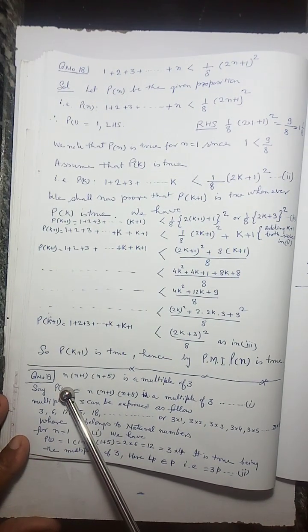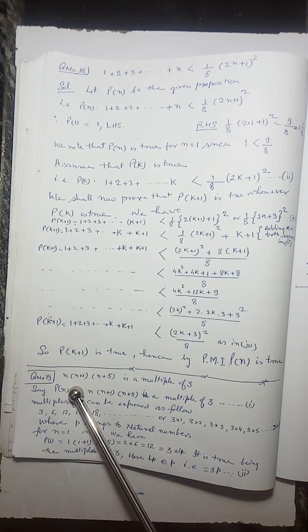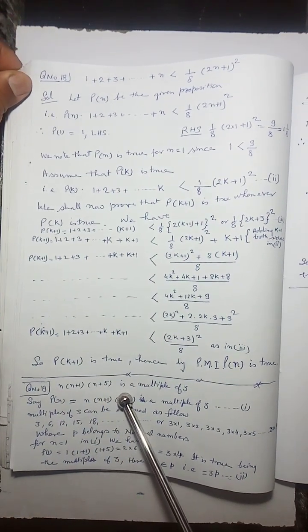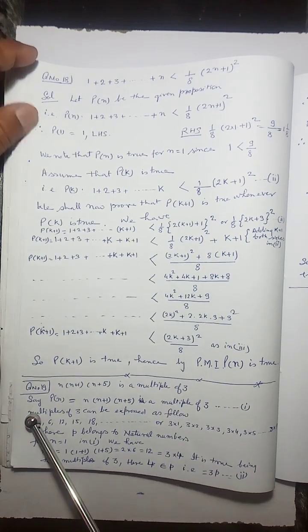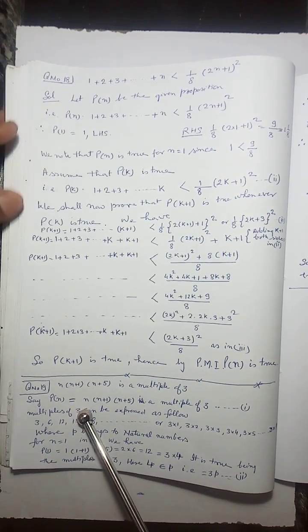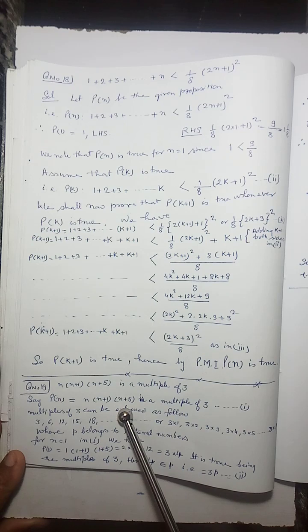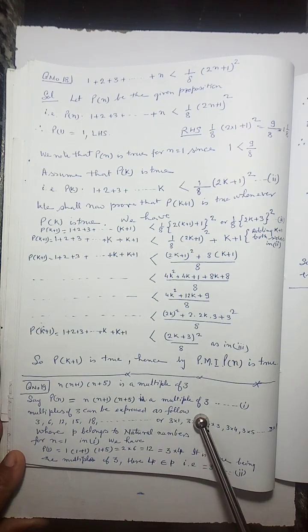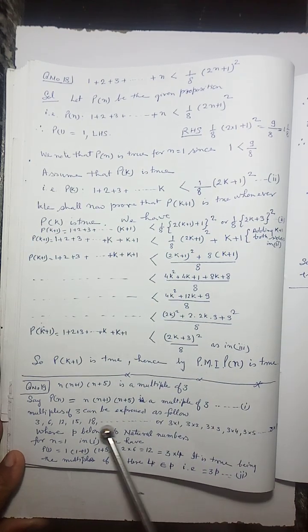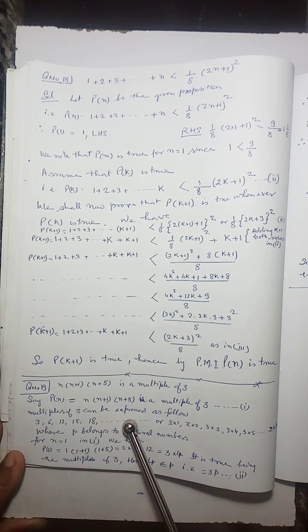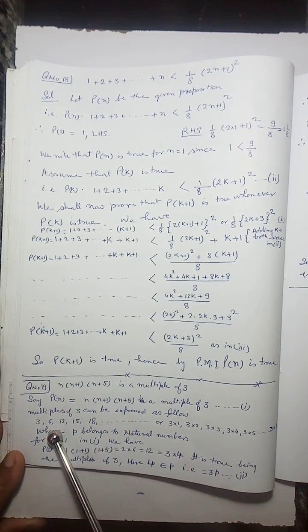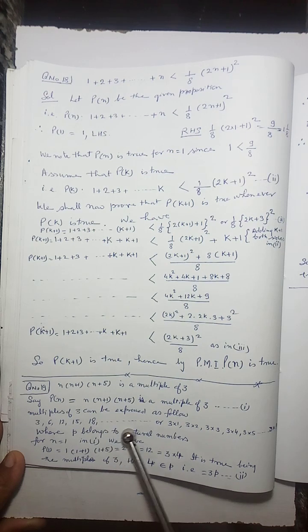Now come to question number 19. Here the statement is n(n+1)(n+5) is a multiple of 3. Say P(n), that is n into (n+1) into (n+5) is a multiple of 3. First, the multiples of 3 can be expressed as follows: 3, 6, 9, 12, 15, 18 and so on.